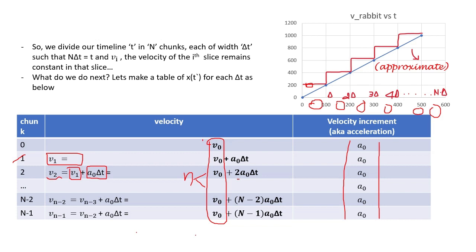And then we have n minus 1 of these terms, where all of them have one thing in common, which is a naught delta t. A naught delta t, 2 times a naught delta t, 3 times a naught delta t, 4 times a naught delta t, and n minus 2 times a naught delta t, and n minus 1 times a naught delta t, and so forth.